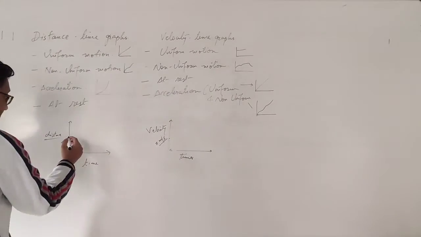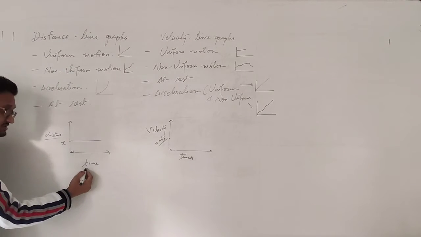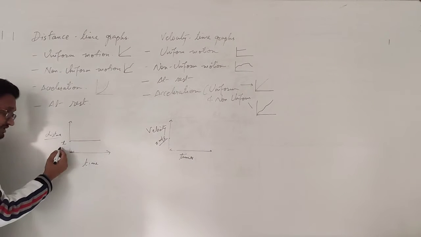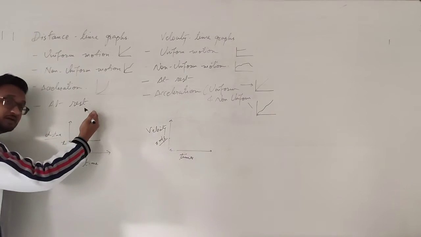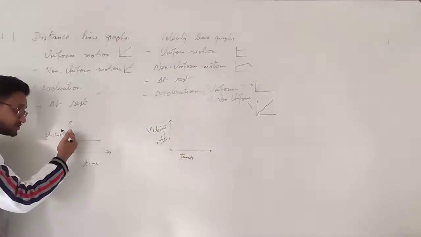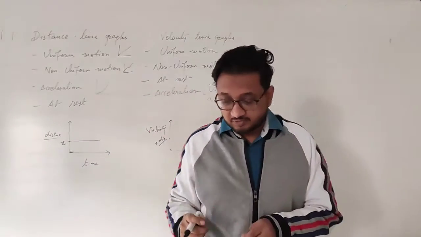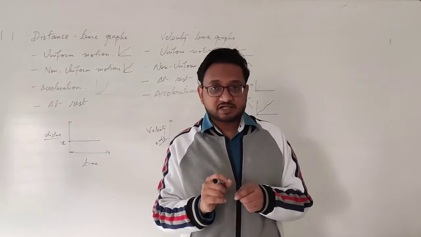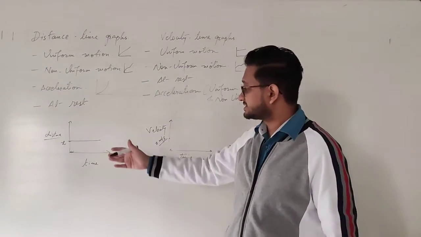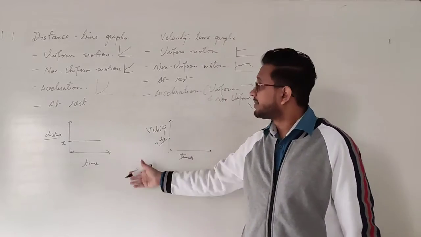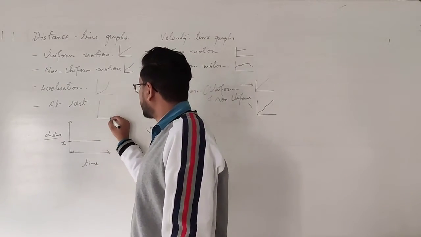That means the graph will be a straight line, because as the time increases, the object is still at x meters of distance. The object is neither going towards higher values nor going to lower values, which means whatever distance the object has achieved, it is staying at that particular point, and hence the graph is a straight line parallel to the x-axis if the object is at rest, like this.